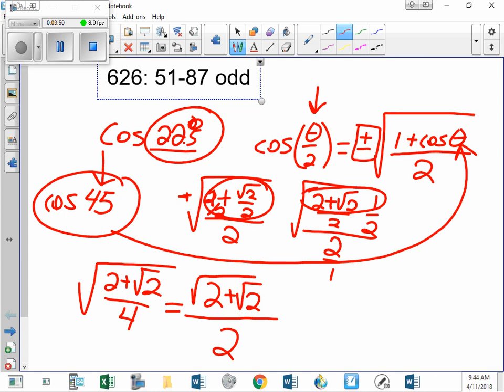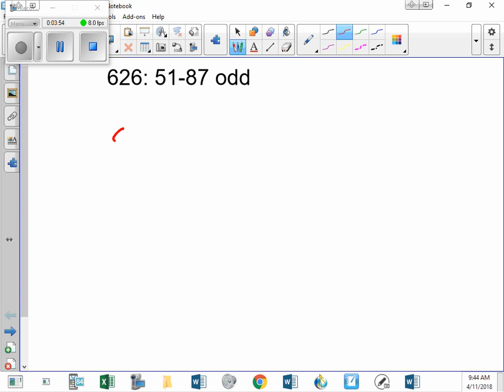Let's do another cosine. What if I had the cosine of, let's see, 60? Oh, no, I don't want that. I want something that's in a different quadrant.